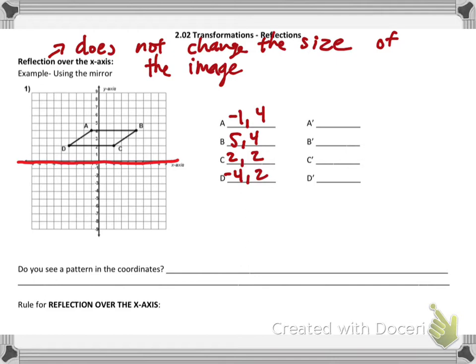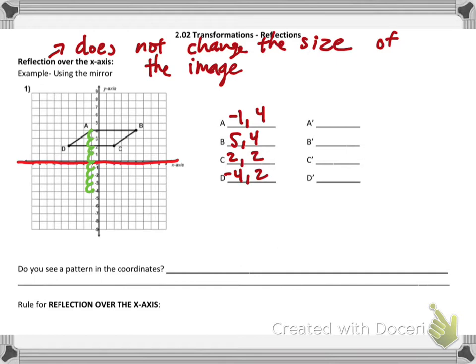Let's look at point A. Point A is 1, 2, 3, 4. 4 spaces away from the x-axis, the line of reflection. So that means on the final image, it will also be 4 away from the red line. So 1, 2, 3, 4.